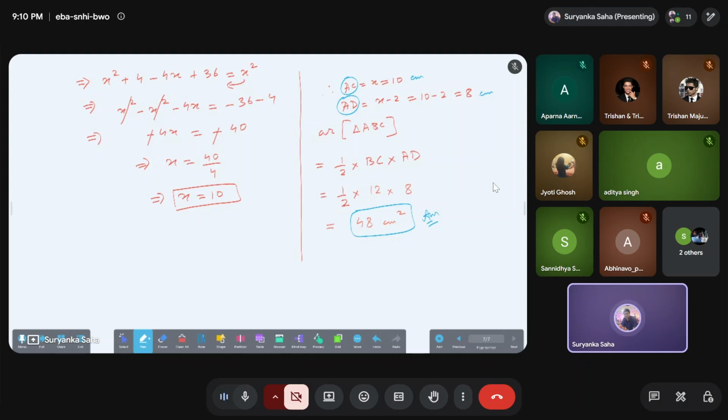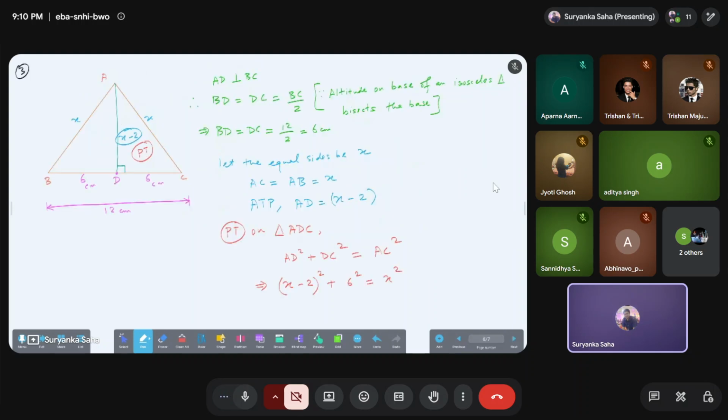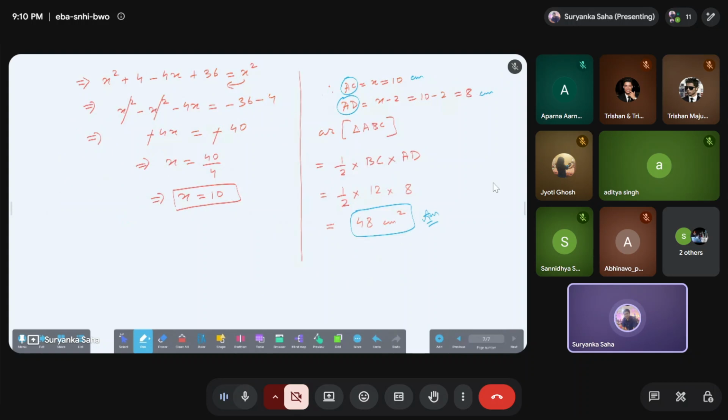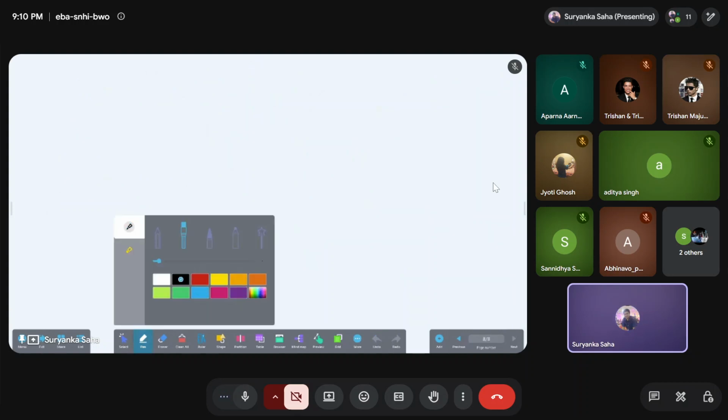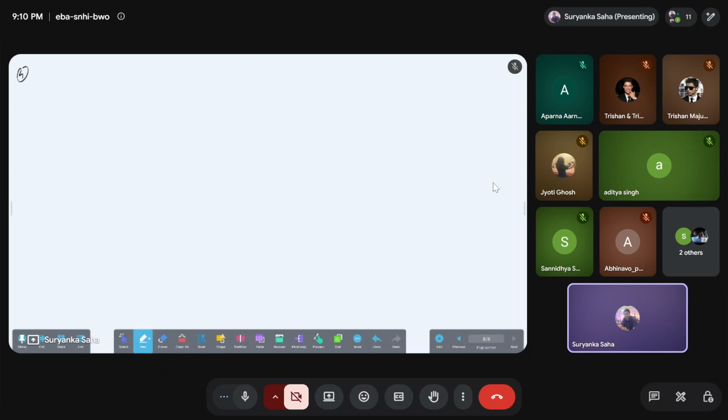Sorry, this triangle. The last problem of this triangle part is number 4. So there is an isosceles triangle.